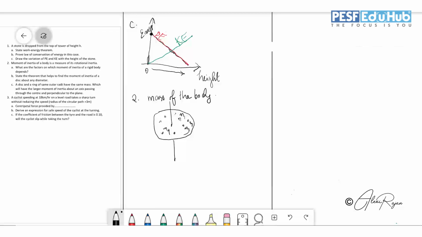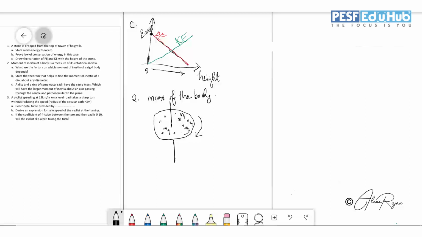So here the mass distribution is a very important thing. That is the distribution of mass of the body about the axis of rotation, about this axis only the body is rotating, either in clockwise or in anti-clockwise direction.